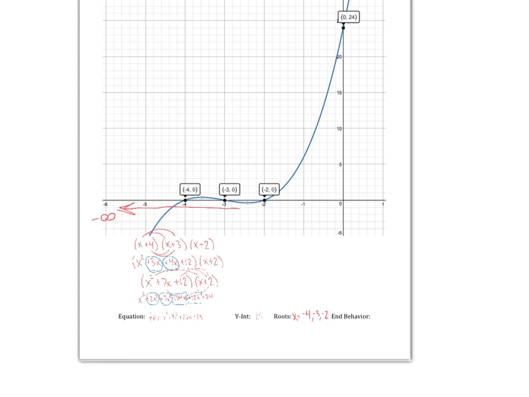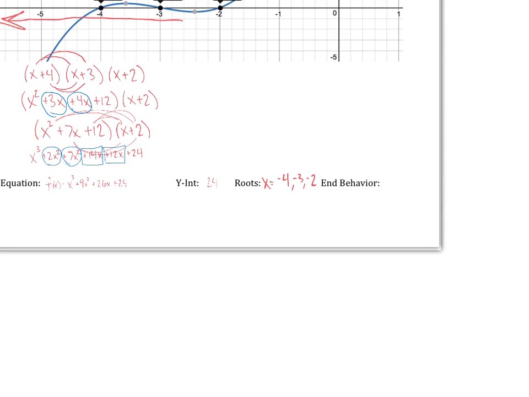So as x approaches -infinity, y is also approaching -infinity. So I'm going to write that y approaches -infinity as x approaches -infinity.